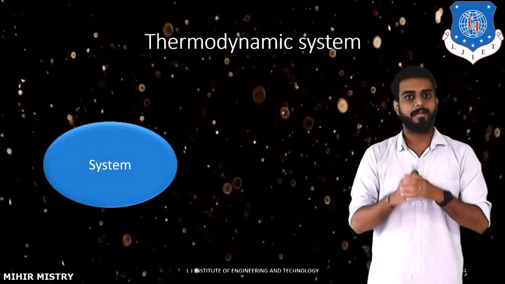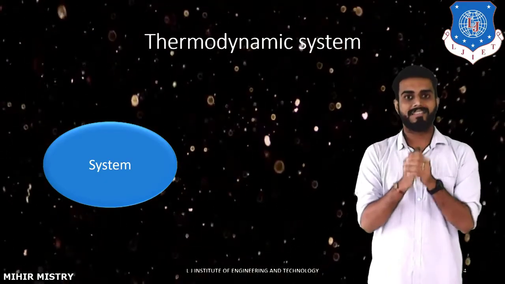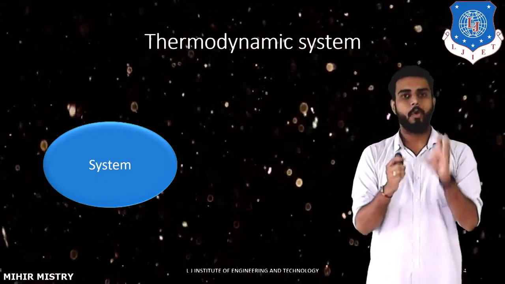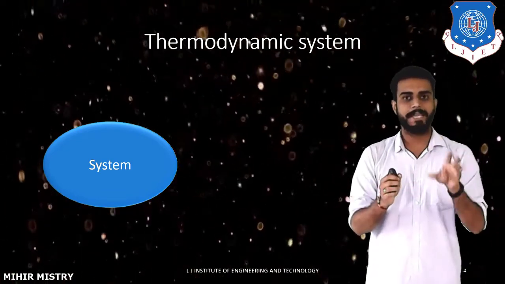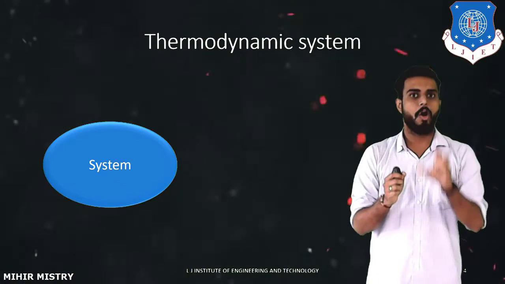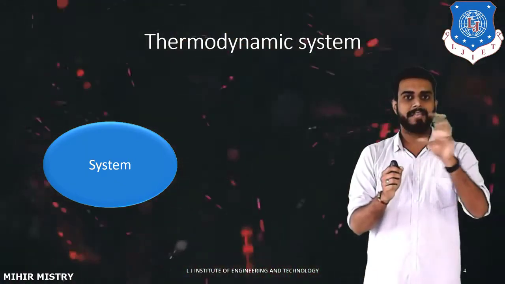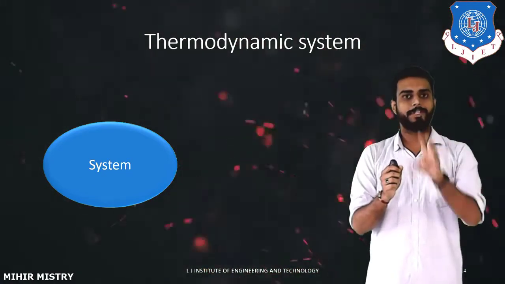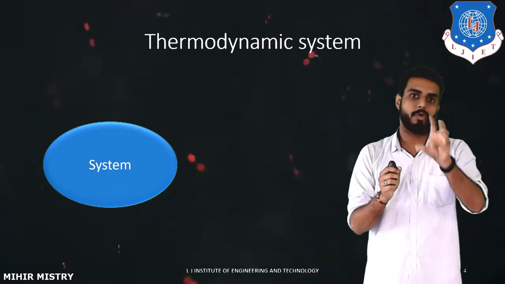Now next is the thermodynamic system. As you can see here, a system is shown by a simple oval shape. Now what does a thermodynamic system mean? It is the region in space upon which attention is focused. That means it is the area or volume upon which your attention is focused for the analysis of the problem. That will be known as the system.